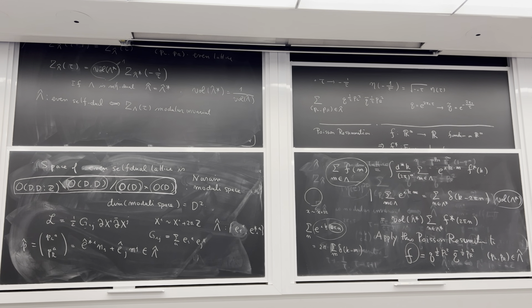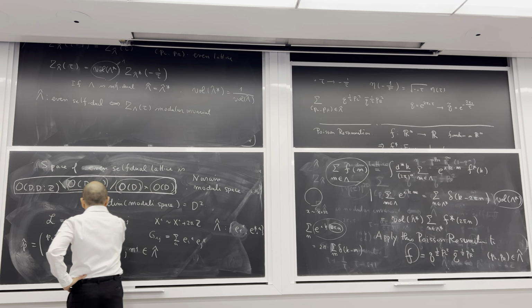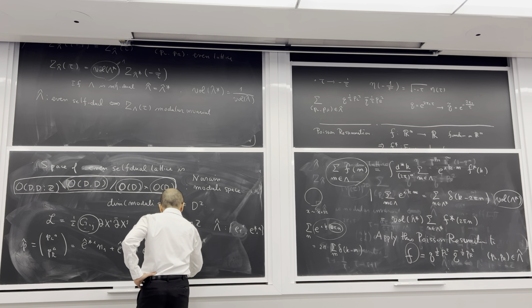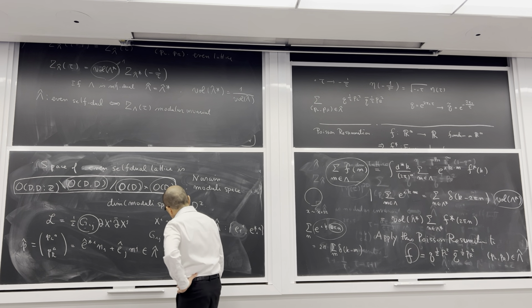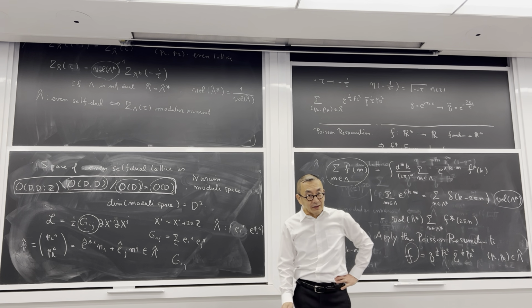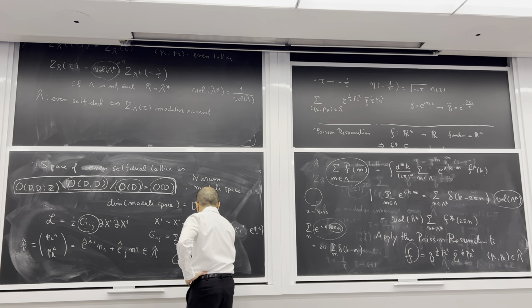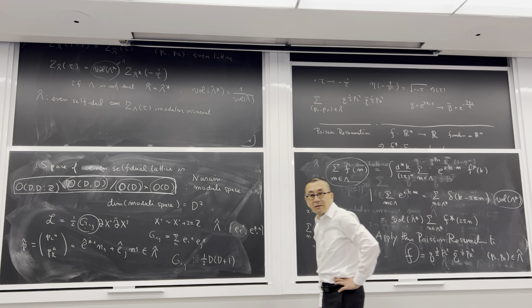So this is how we parameterize things, but we can easily see that this is not enough to cover the entire Narain moduli space, because Gij is a d by d symmetric matrix. Therefore the number of independent components is 1/2 d(d plus 1).